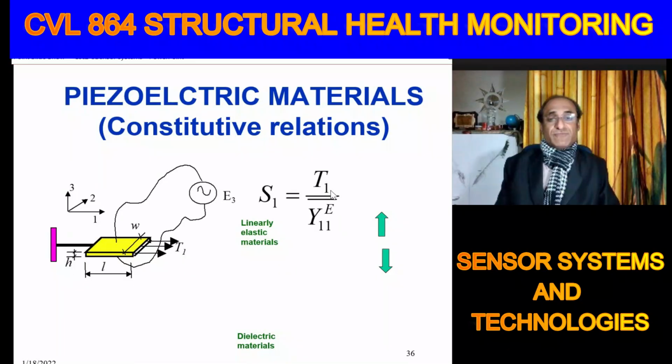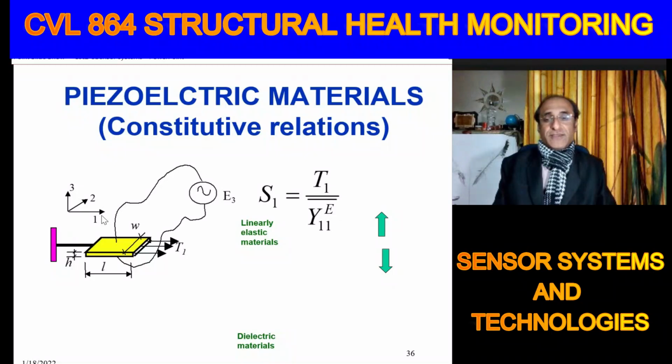Now if you observe carefully, you will see some difference. Here there is a superscript and a subscript. The subscript is because it's a tensorial component, so 1 signifies the direction. But then we have an E, which means that it is measured under zero electric field conditions. So this is the Young's modulus specifically measured under no electric field condition.